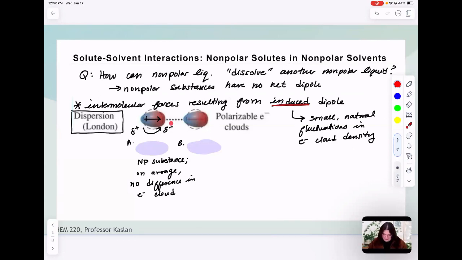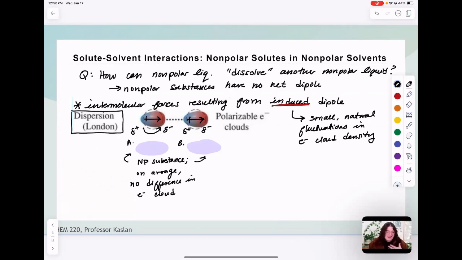So if I've got a partial negative on one end of a molecule nearby another molecule, these electrons are going to, in turn, create their own dipole in an effort to repel from one another and put positive charges next to negative. So these are both originally nonpolar substances.